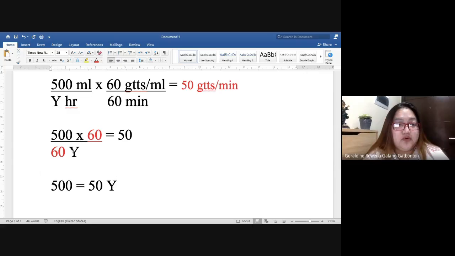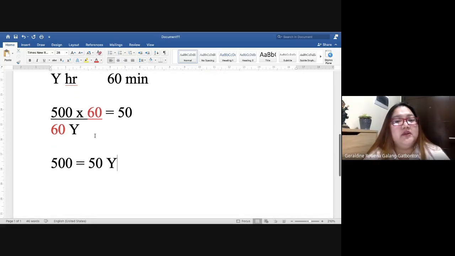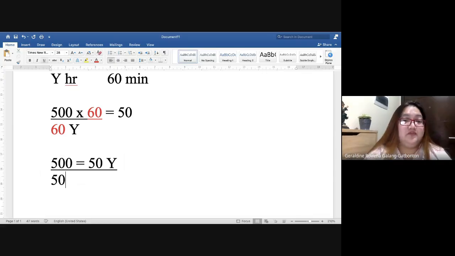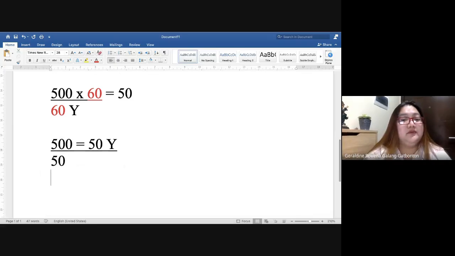Kasi cross multiply. Okay? Kinancel ko na. Pareho namang 60 para hindi na lumaki yung value. I wanna know the number of y. So, I just need to divide both sides by, para y na lang ang matira. Divide both sides by 50. Okay?